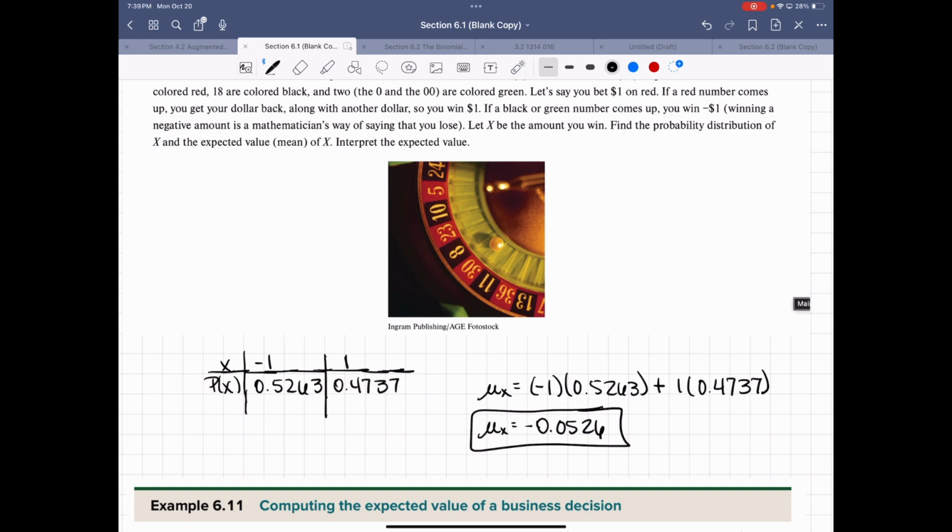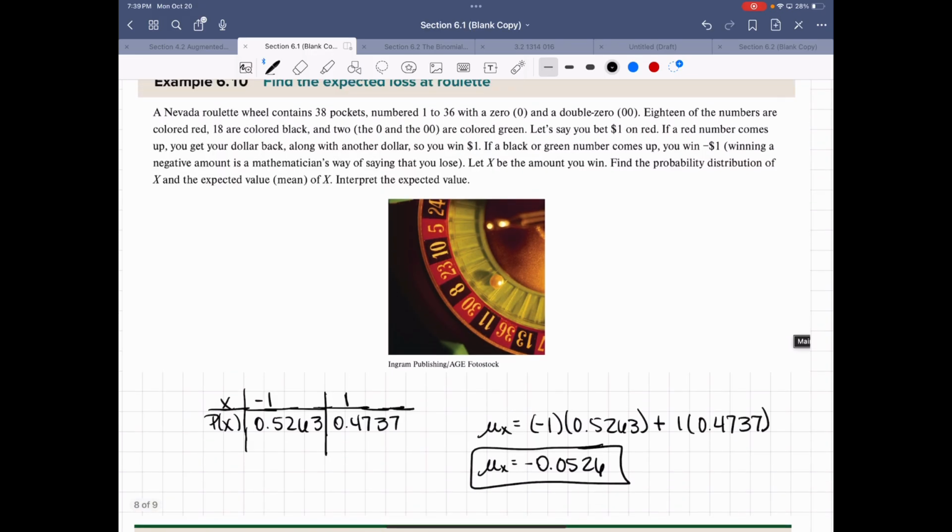Now, we need to find out how I got 0.5263 for a -1. Okay, so you are betting on red, right? If a red number comes up, you get your $1 back along with another $1. Okay, so how many reds are there? 18. How many total pockets are there? 38.